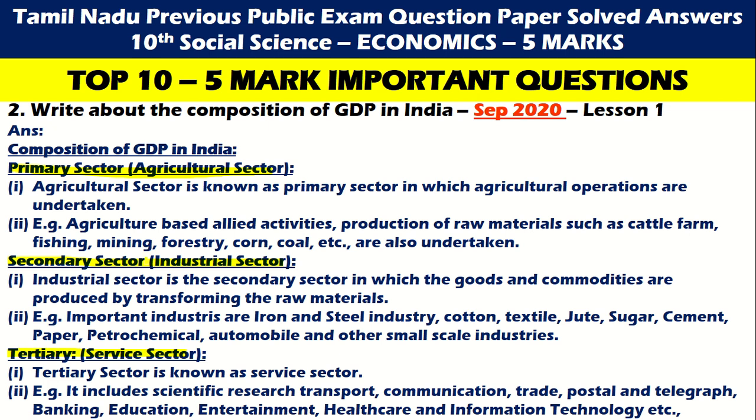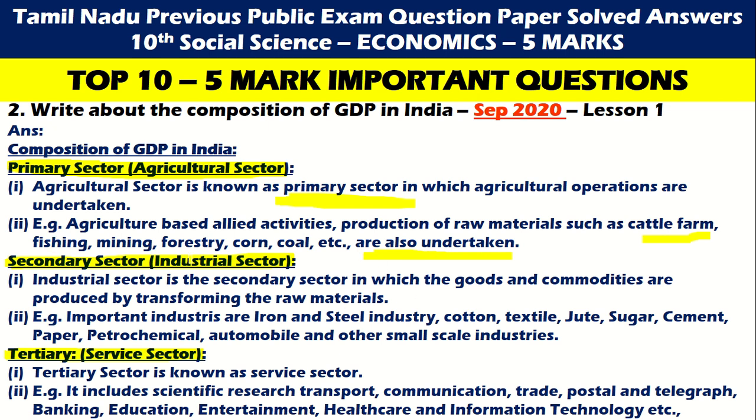The primary sector is the agriculture sector, the secondary sector is the industrial sector, and the tertiary sector is the service sector. The agricultural sector is known as the primary sector, in which agricultural operations are undertaken. Agriculture based allied activities, production of raw materials such as cattle farm, fishing, mining, forestry, corn, coal, etc. are also undertaken.